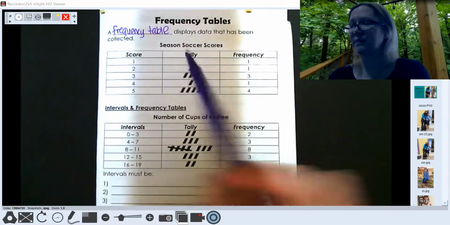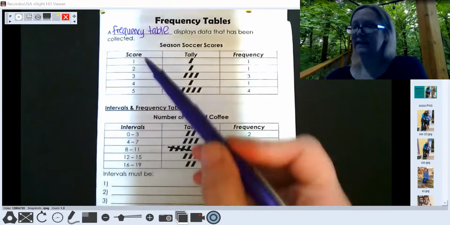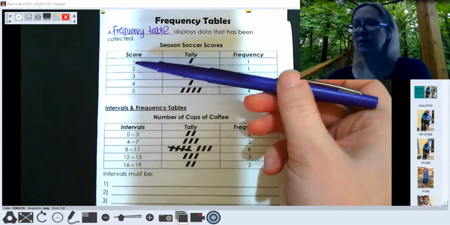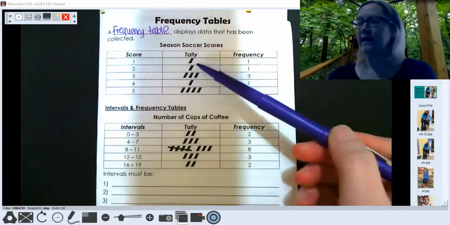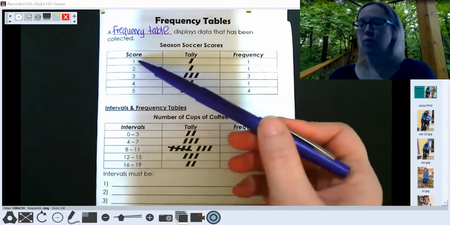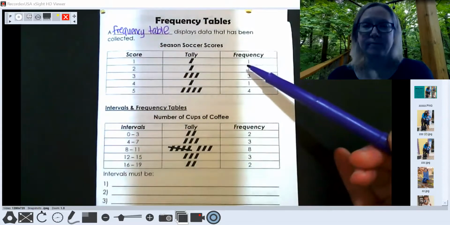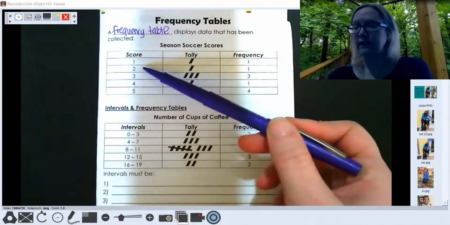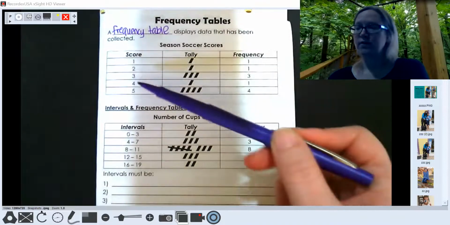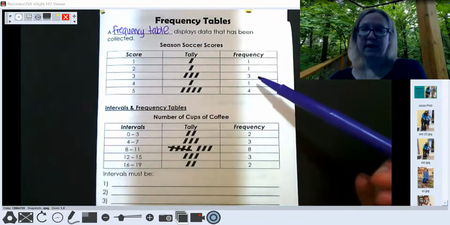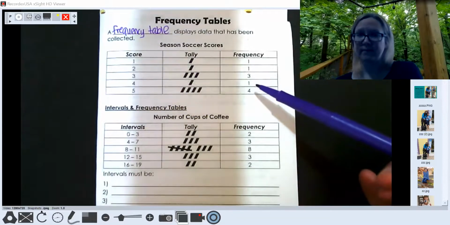Okay, so we have two different frequency tables here. The first frequency table is about soccer scores from a season. And as you can see, the scores were 1, 2, 3, 4, and 5. This one tally mark right here shows that one point was scored one time. 2 points was the score one time. 3 points were scored in 3 different games. 4 points were scored in just one game.